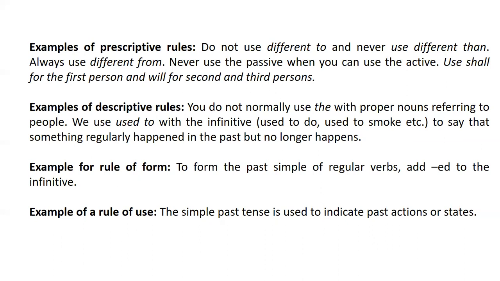Next is never use the passive voice when you can use the active. Okay, that's very good. Next, use shall for the first person, like I shall return, right? Then use will for second and third person.